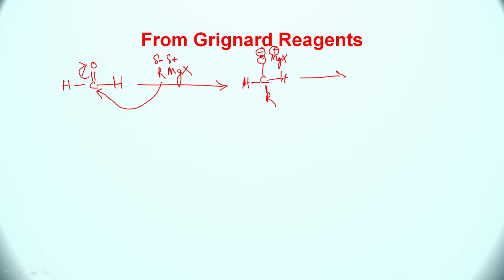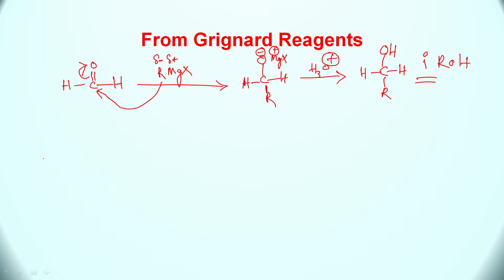Upon acidic hydrolysis, when you treat with H plus, you will get the corresponding alcohol. This is the alcohol you will get. Since the carbon is attached to only one alkyl group, it's a primary alcohol. So from formaldehyde you are getting primary alcohol.